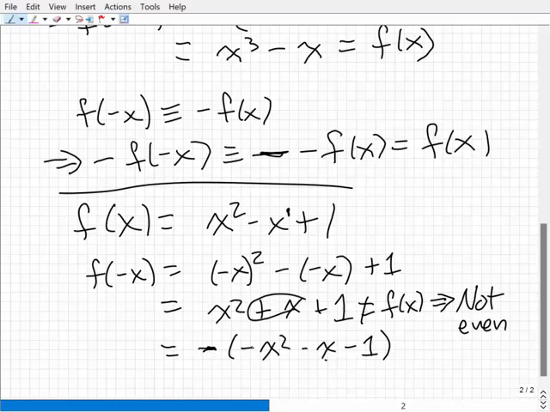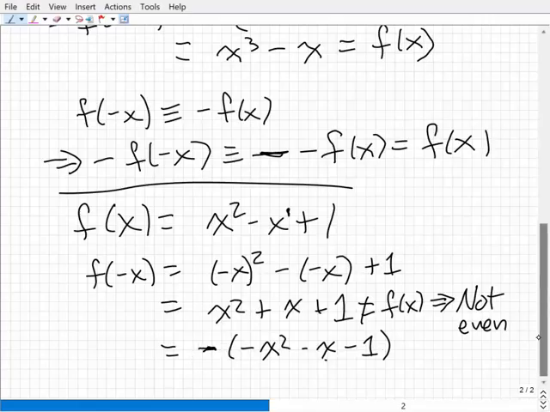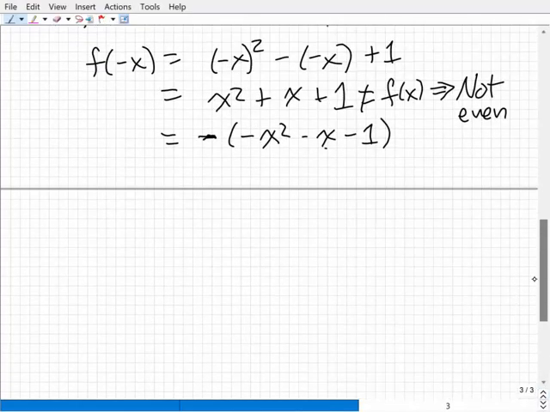Two minuses make a plus. Two minuses make a plus. All right, so this is a minus sign. Is this f of x? No, it's different. This is a plus, minus, plus. These are all minuses, right? So I know right there it's not odd.